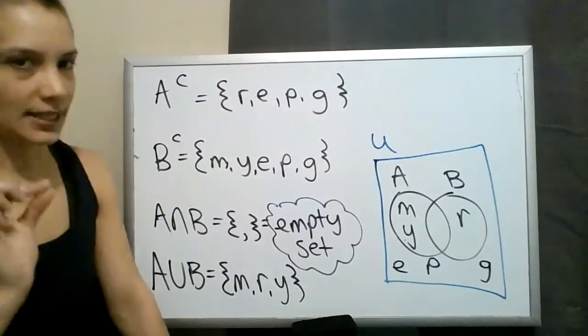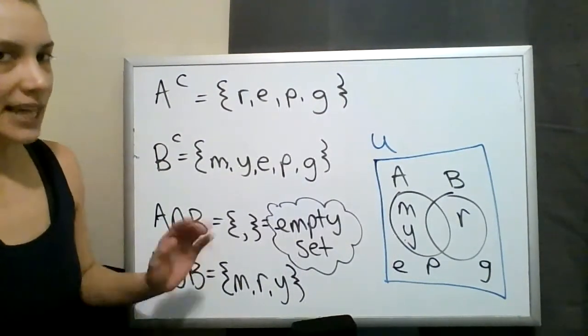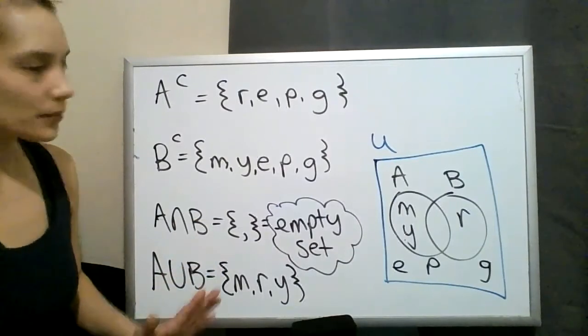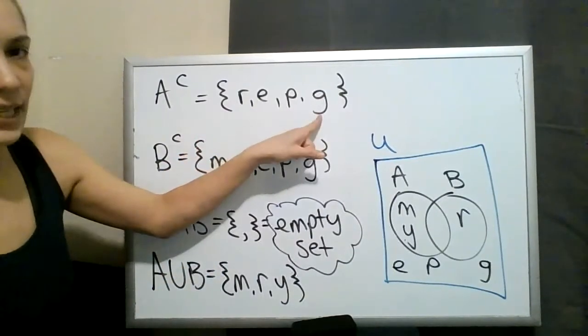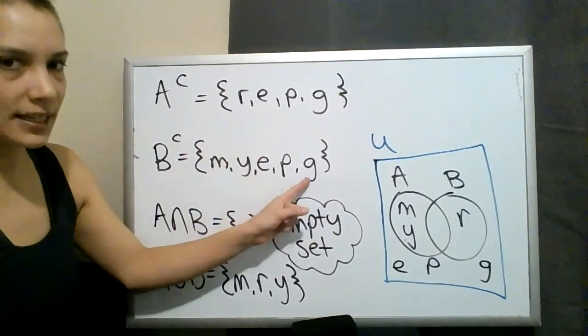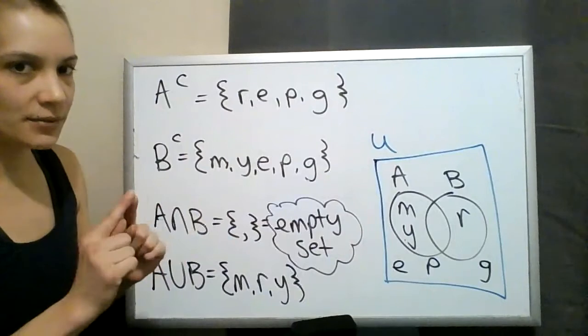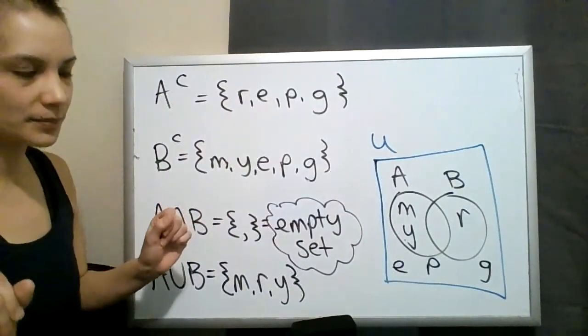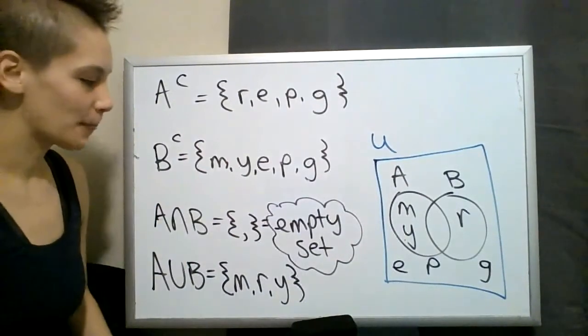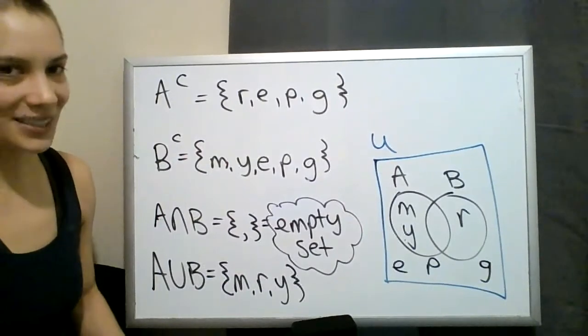I guess what I'll say is that every set we've talked about so far has a countable number of elements. So you can count how many elements are in this set, you can count how many elements are in that set, but we're moving into an interval which has an infinite number of elements inside of it, which is not countable.